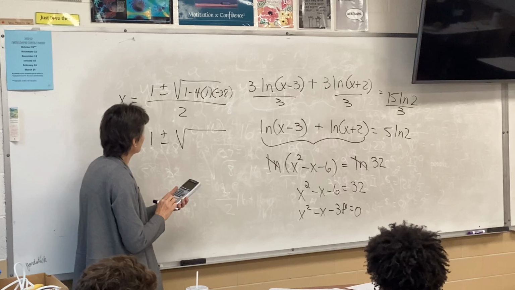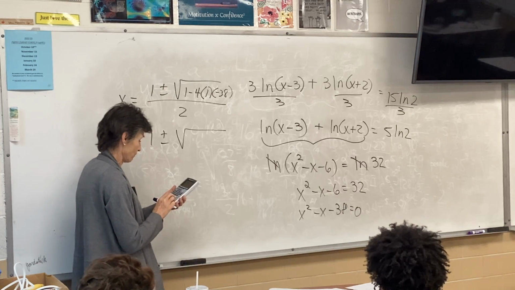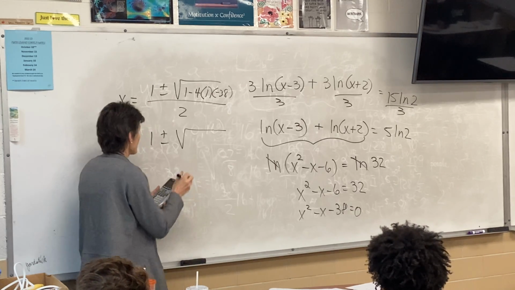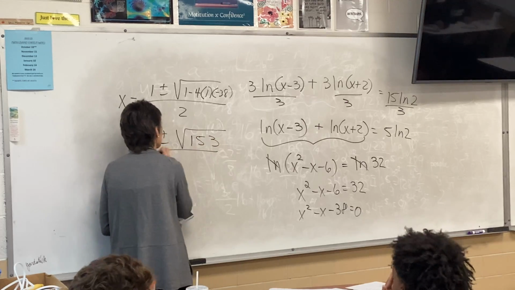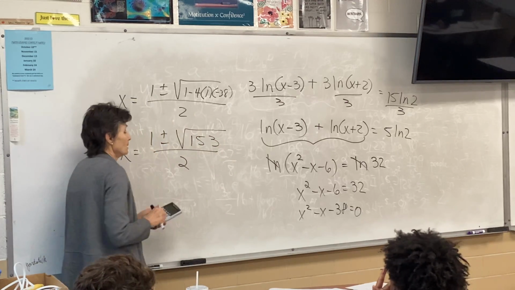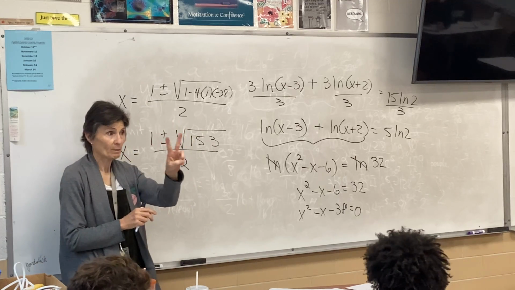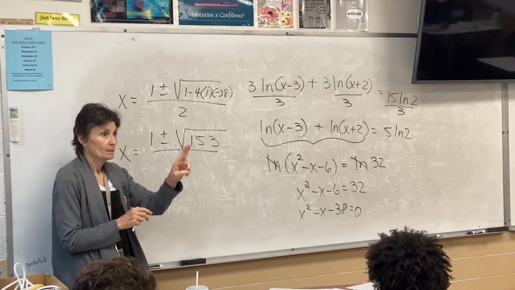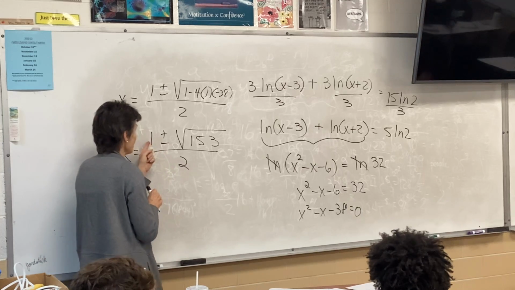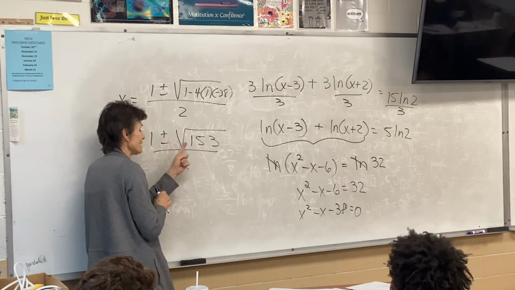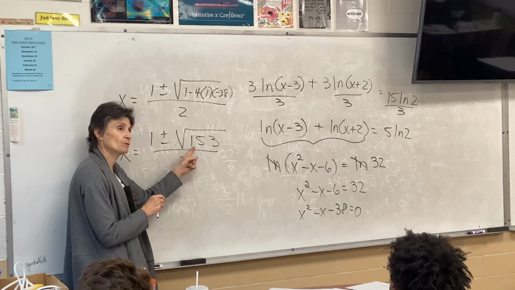So 1 plus 4 times 38. Square root of 153. Now, these are the two answers, but I want you to be careful. What happens when we do 1 minus the square root of 153?